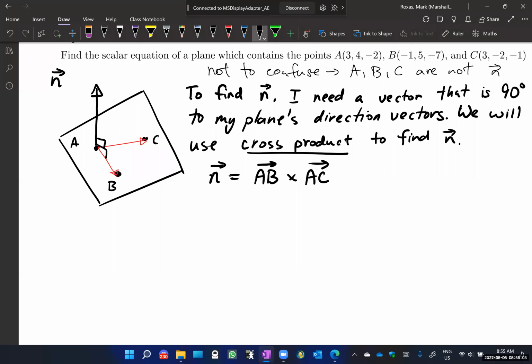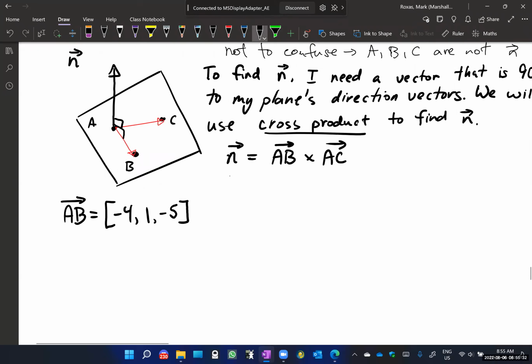And I can find them because I am given the points for A, B, and C. So here on the side, I'm just going to write the vector AB. I can create that by looking at the subtraction between the components of points A and B. So -1 minus 3, which would be -4. 5 minus 4, which is 1 for the y component, and -7 take away -2, which is -5 for the z component.